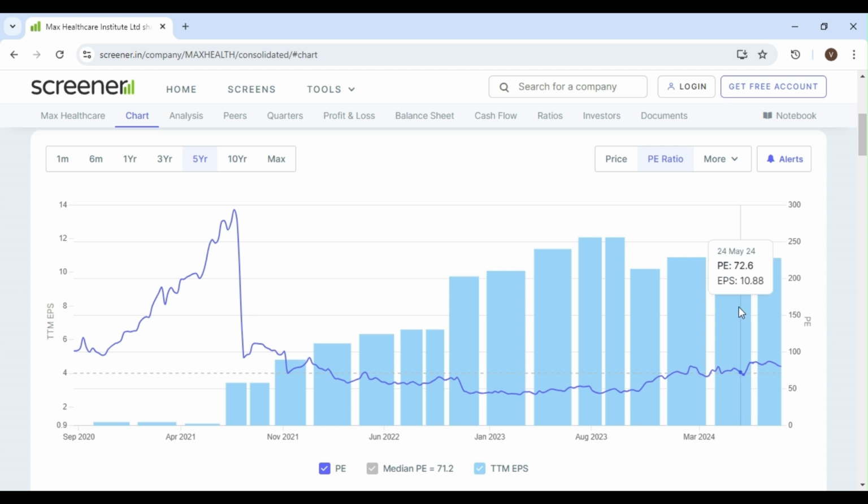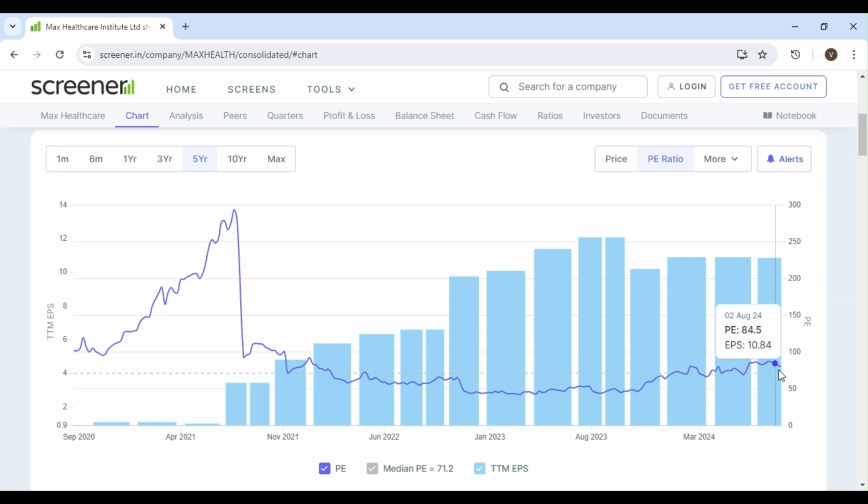So there is no change in the EPS of the company, but the price multiple, that is the PE ratio, is here 80.4. Here 74. Now it has increased. So as on date, it is 80 times. So the EPS is the same, 10.88.